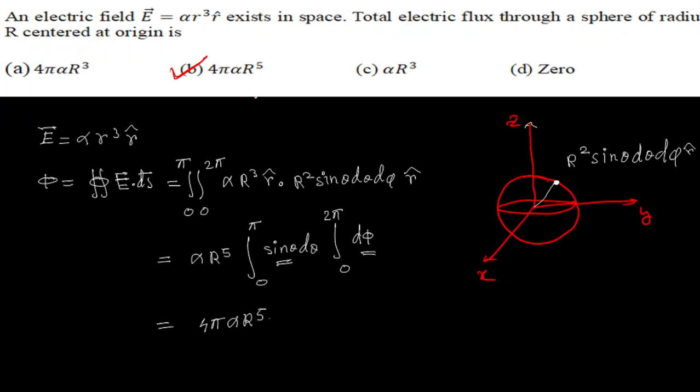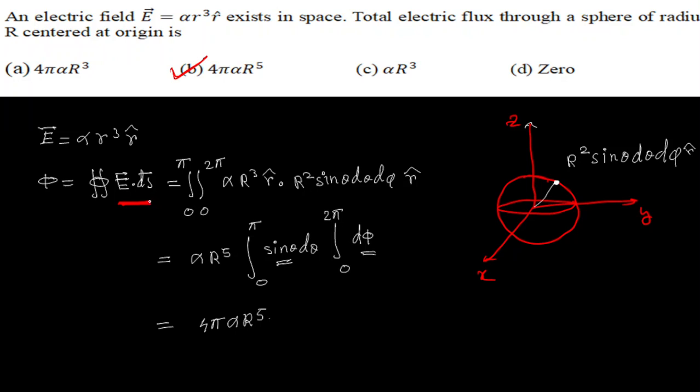Okay. So if we have a non-uniform electric field and a closed surface, and the electric field is given in the spherical polar coordinate system, and the surface through which we have to calculate the flux is also given in spherical polar coordinates, then we can calculate this flux easily if we use the surface integral E dot ds.